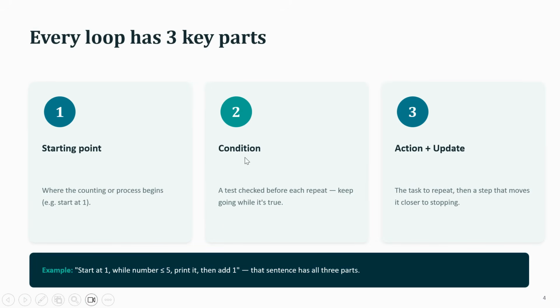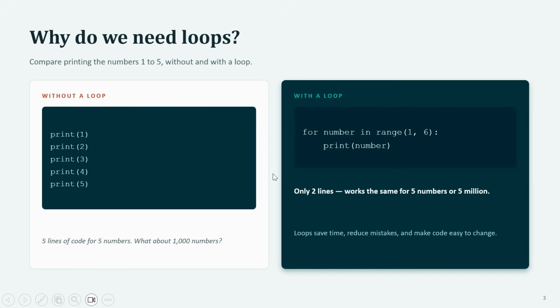And for the condition, a test condition before each part, repeat, keep going while it's true. So if we talk about the condition, here we cannot see any condition, but it's in Python.